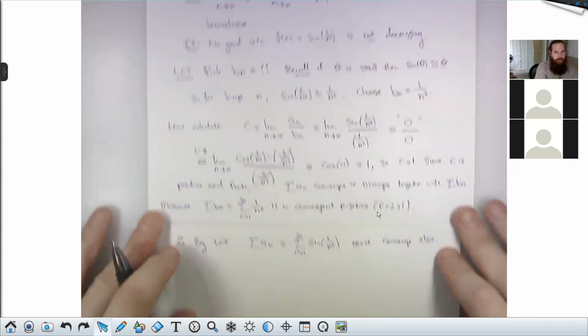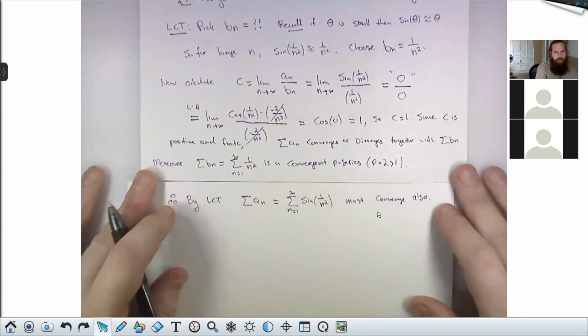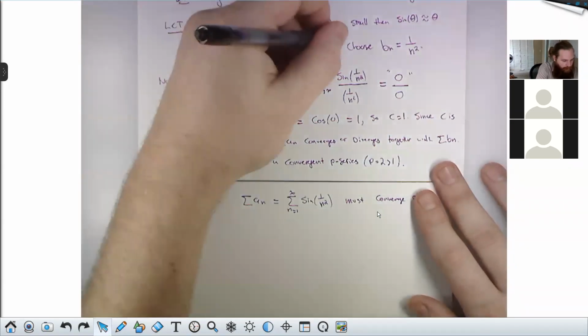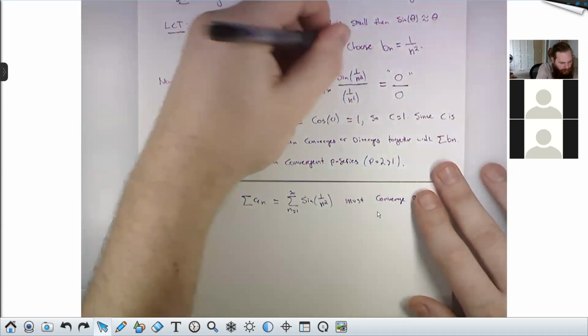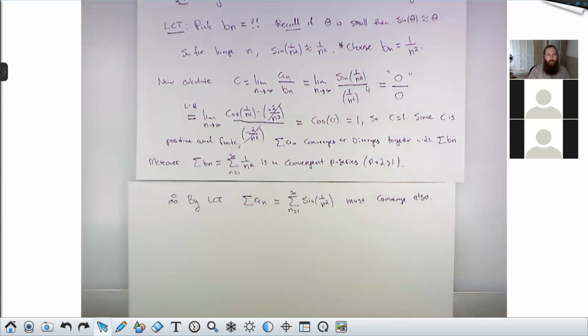Okay, so here's all the LCT work. It's actually not bad. If you wanted to, you could start right here. Right? You could start at the choose Bn equals 1 over n squared. Now, how did I know to choose that? I mean, I had this little discussion here for your sake.